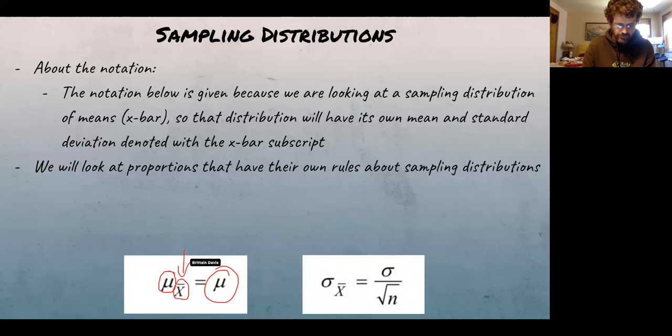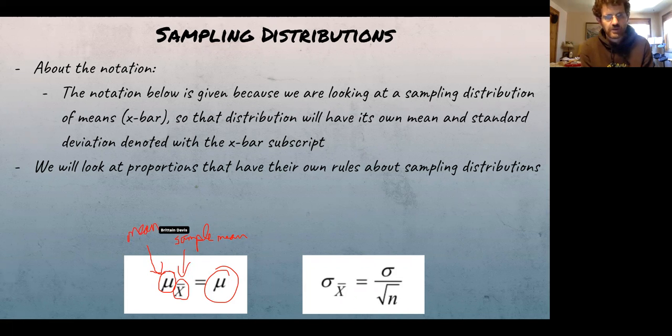X bar is the sample mean. So essentially we're saying the population mean is the average of the averages. So it's kind of a 2-layered calculation going on. A mean of means, which will force us toward the population mean.